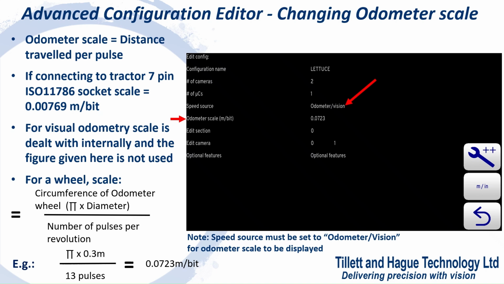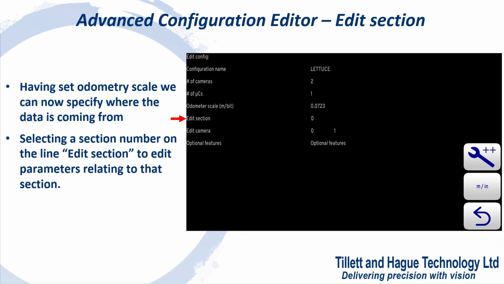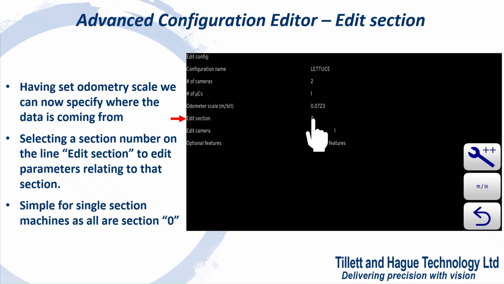Having set the odometer scale, we now need to specify where the odometric data is coming from, in the case of wired or visual-based odometer inputs. Selecting a section index number on the line Edit Section allows us to edit parameters relating to that section. This is simple for single section machines as there's only one section, section 0, so you should just touch on the 0.